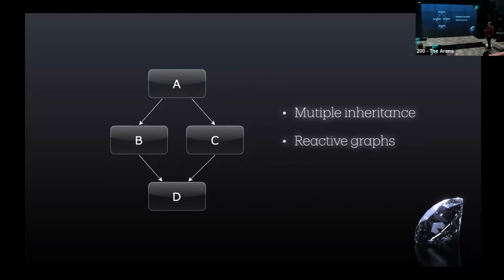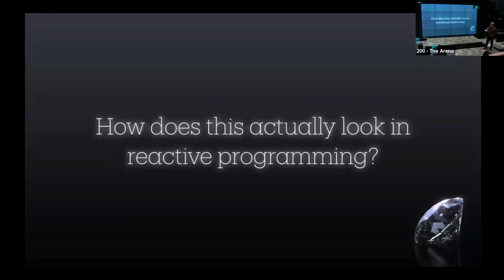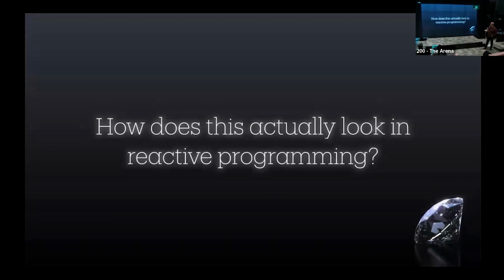What I'm going to talk about is the diamond problem in reactive graphs, which is probably something that people here are more familiar with. There's probably diamond problems in other contexts as well, but I don't really know about them. Now, what does this actually look like?